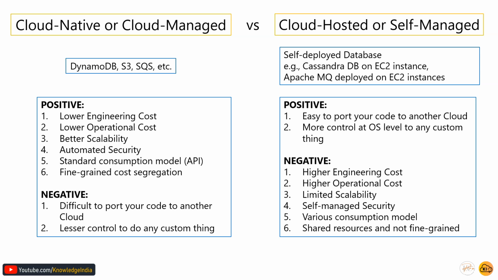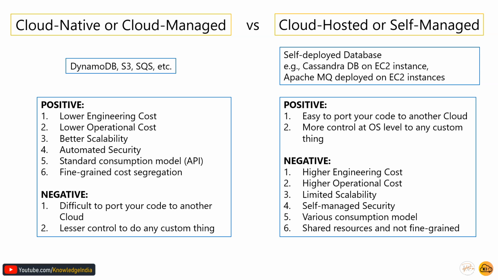And the last thing, which is very important from a cost perspective or from a FinOps perspective, is that most of the times with these services, the cost segregation might not be that straightforward. Let's say you have a database which you have installed on an EC2 instance, and that database is now used by 4 applications.